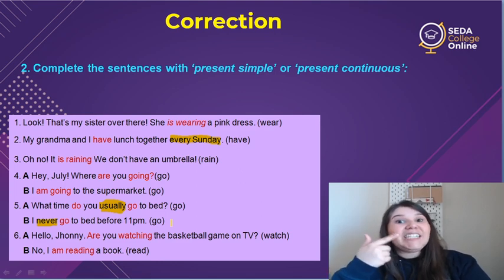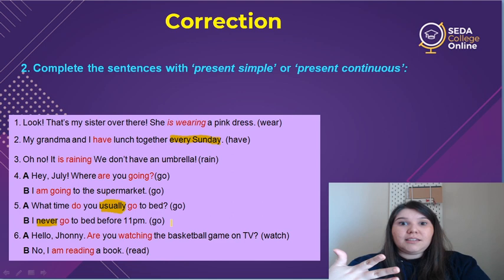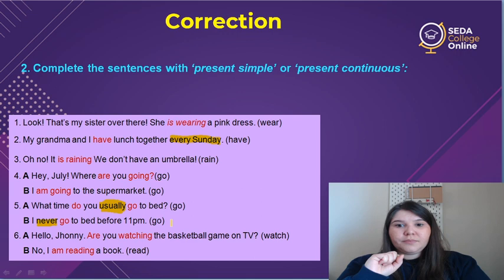Now, again, listen and repeat. Let's practice saying these sentences, all right? 1. Look, that's my sister over there. She's wearing a pink dress. 2. My grandma and I have lunch together every Sunday. 3.